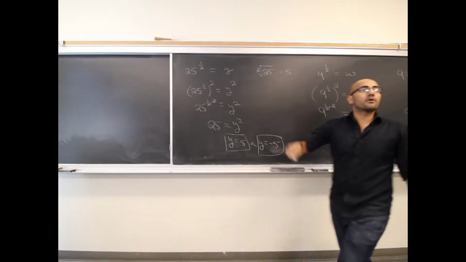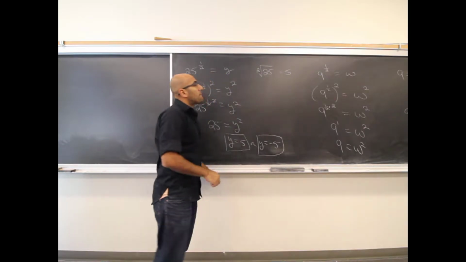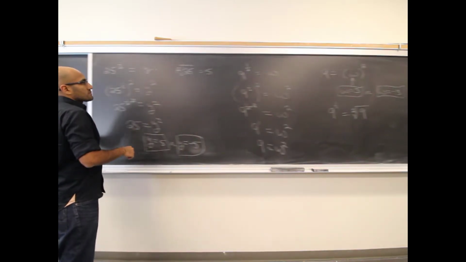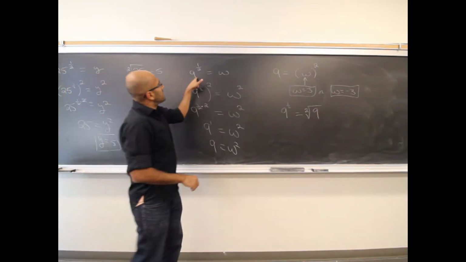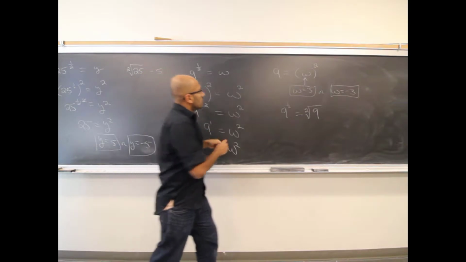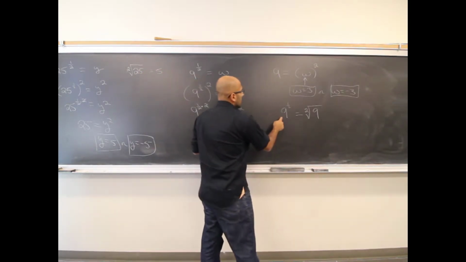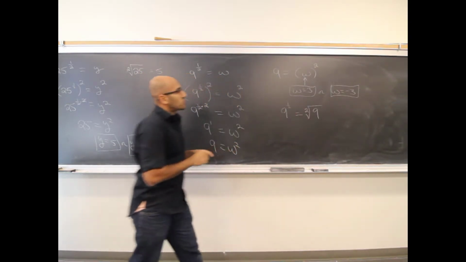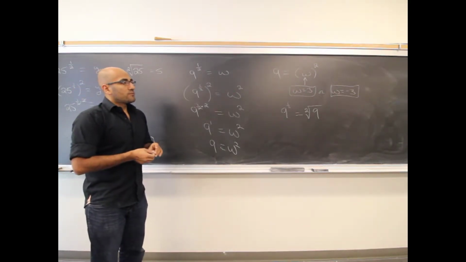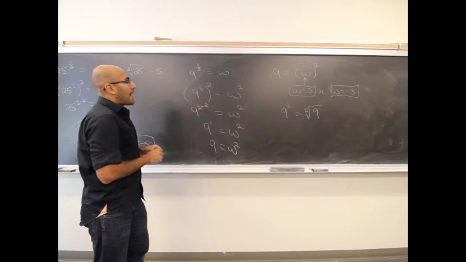We're looking for a number such that when you square it, it equals 9. Over here, this guy is also connected to the square root. So 9 to the 1/2 power is equal to the square root of 9, and it's behaving in the same way. Good?